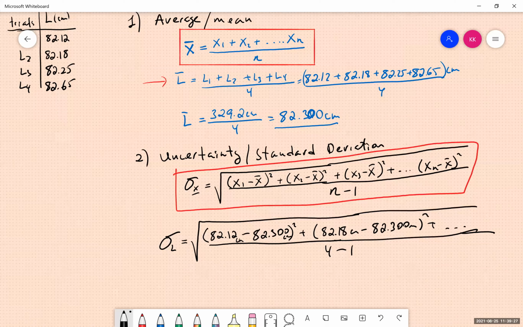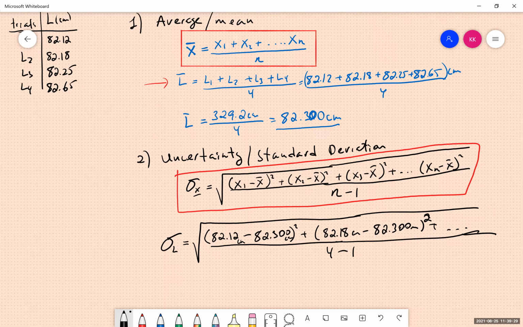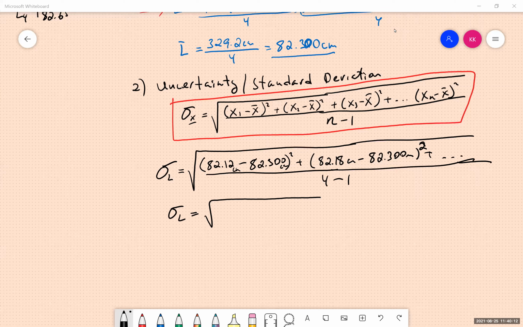Okay. So if we do that, then we can get the uncertainty. All right, so we get 0.1718 centimeters squared, because we're squaring, right? Divided by 4 minus 1, which is 3. So divide this by 3.